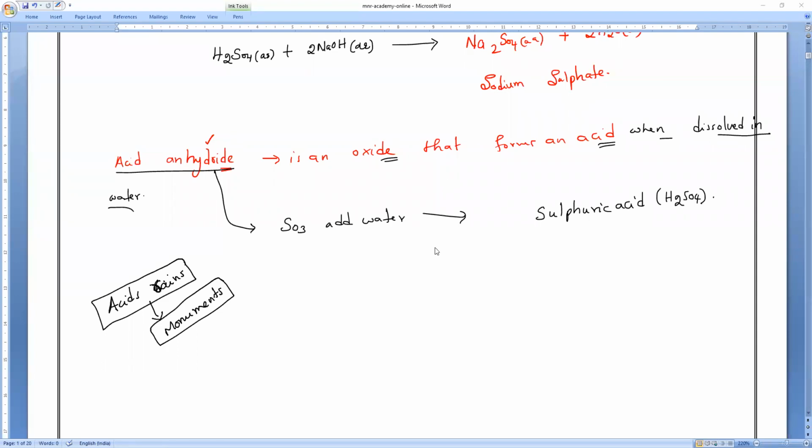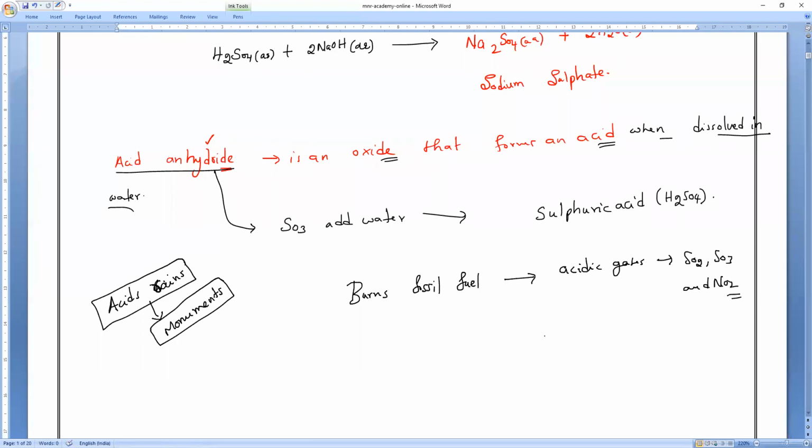Why? Because when we burn fossil fuels, like petrol, diesel and so on, they produce gases. Burning fossil fuels always produces acidic gases. What are the acidic gases? Sulfur trioxide, sulfur dioxide, as well as nitrogen dioxide, etc.